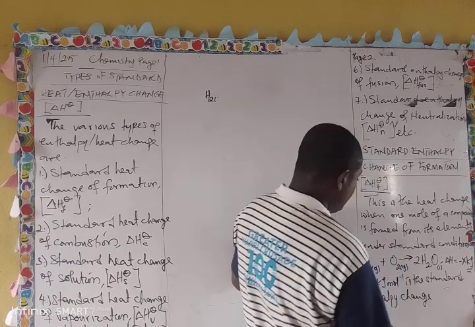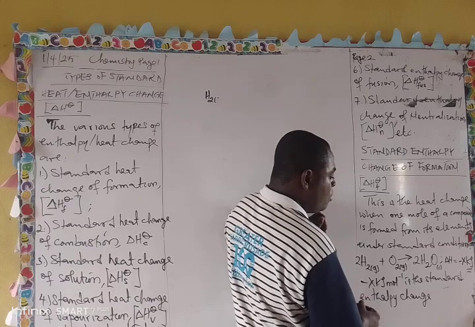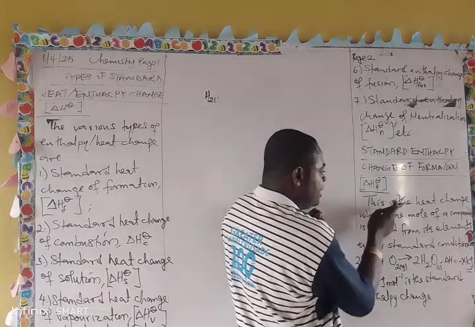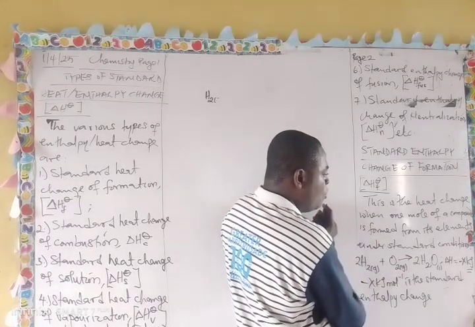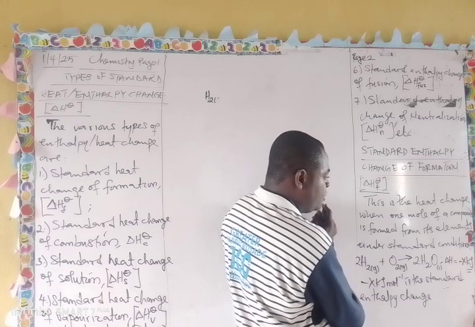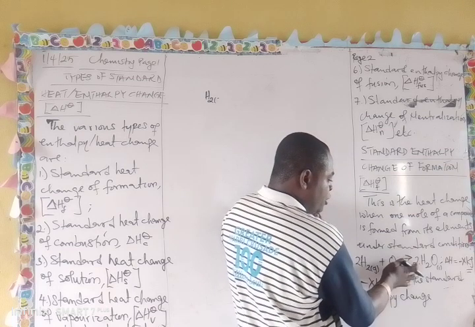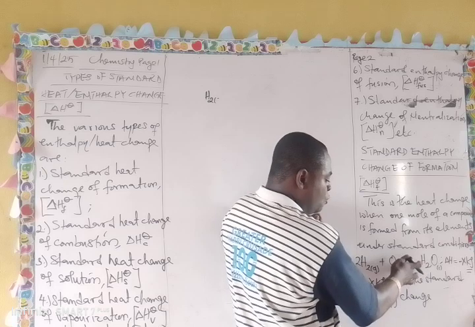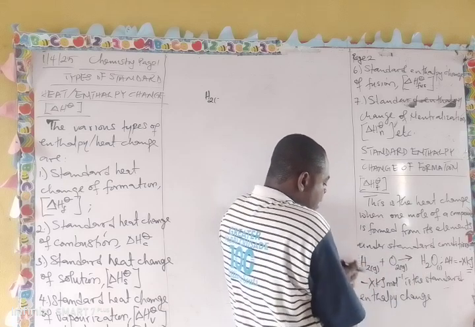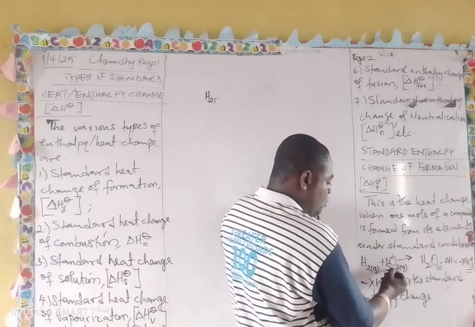Mind you, the definition says this is the heat change when 1 mole of a compound is formed from its elements. So we want to reduce the compound that is formed to 1 mole. Then that means we are going to put 1/2 here.